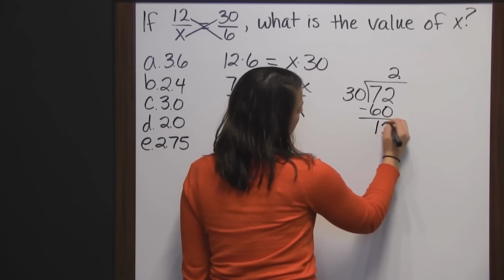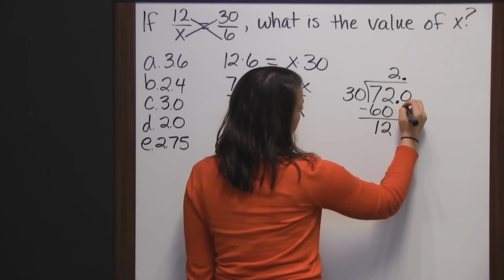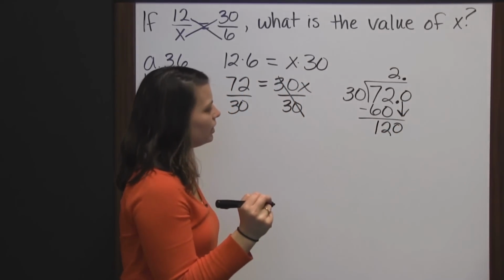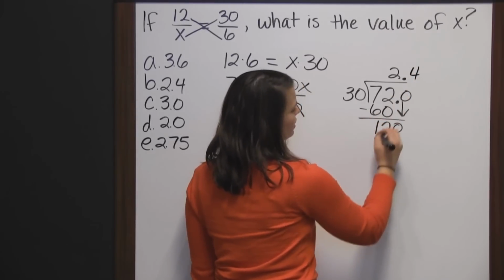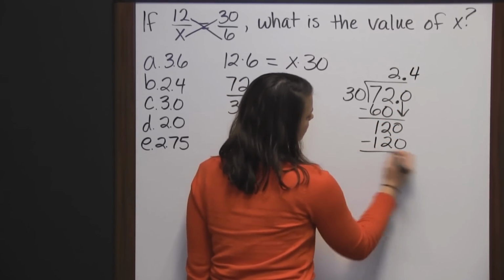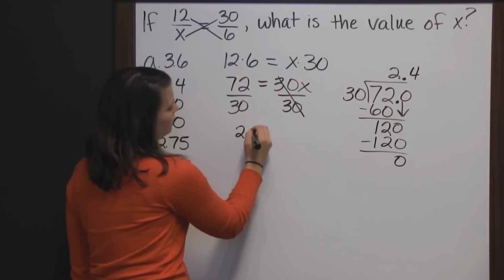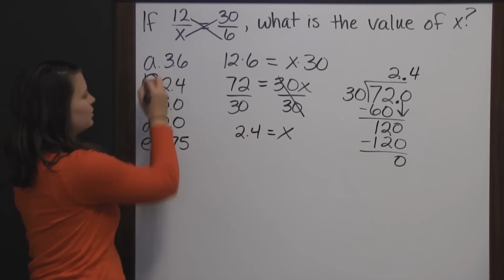We subtract and we get 12. So we add a decimal and a 0 and bring down the 0. And 30 goes into 120 4 times. 30 times 4 is 120. We subtract and get 0. So that means that 2 4/10 is equal to x, which is answer B.